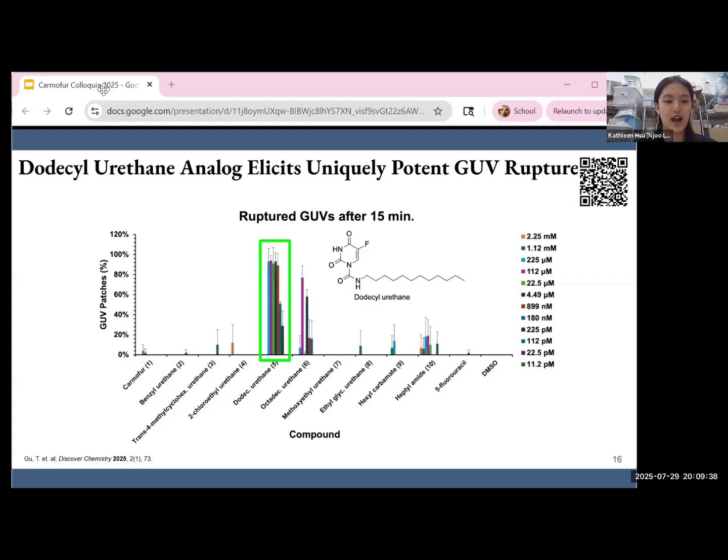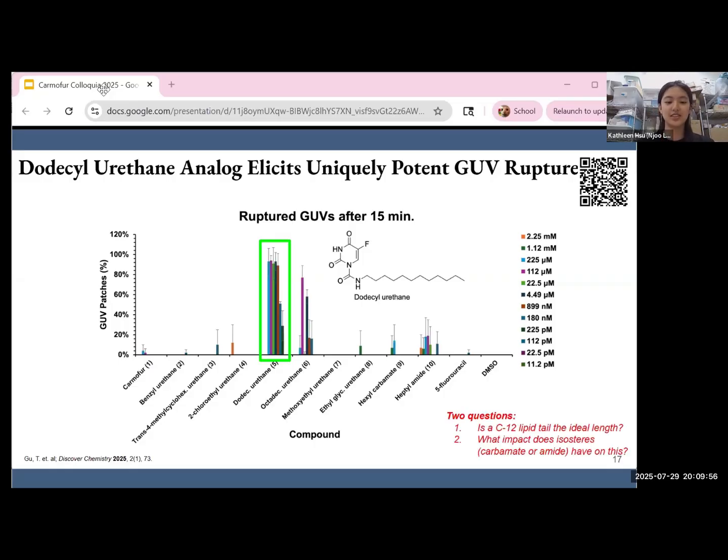So also shown on the graph, we were able to identify the dodecyl urethane and octadecyl urethane as our hit compounds, as they have very potent membrane rupturing capabilities, with dodecyl urethane being able to rupture over 90% of GUVs, even in the micromolar range.